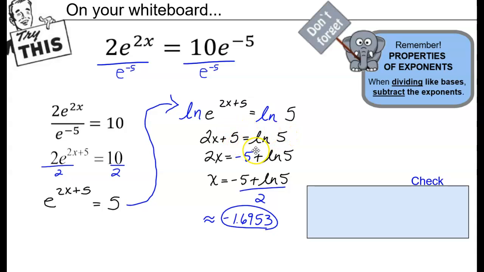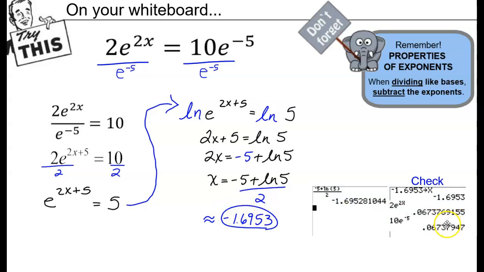Then we're going to subtract the constant from both sides and divide by 2 to get -5 plus the natural log of 5 all over 2. And that rounds to approximately -1.6953. When we check that, it shows that it works.